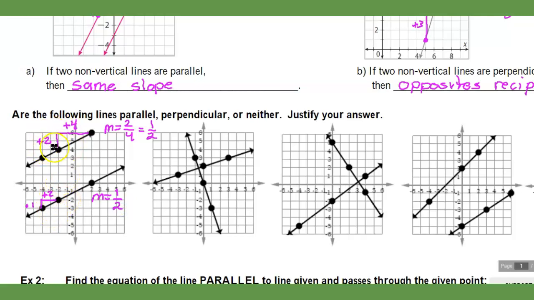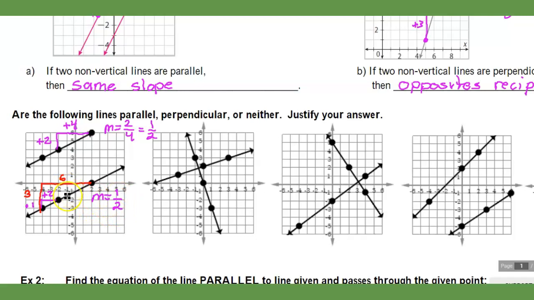Now, I purposely picked 2 points far apart from each other just to help you remember that it doesn't matter which 2 points you pick with slope, they will reduce to the same number. So like if I pick these 2 points far apart from each other, this will be up 3 and over 6, and 3 over 6 also reduces to 1/2.